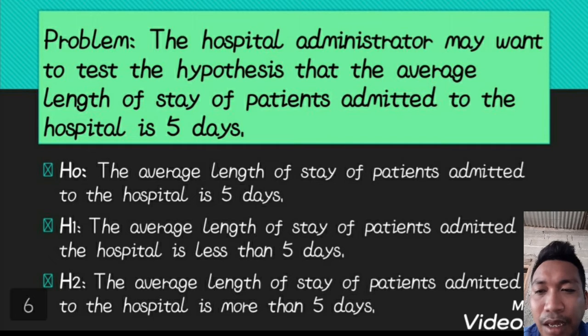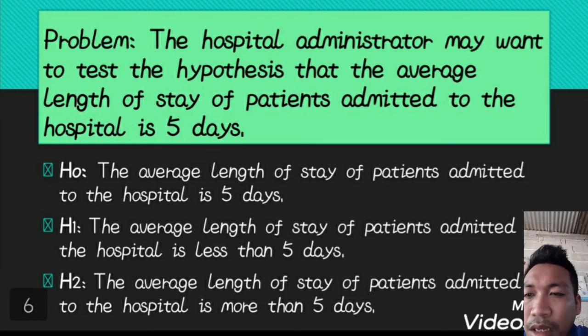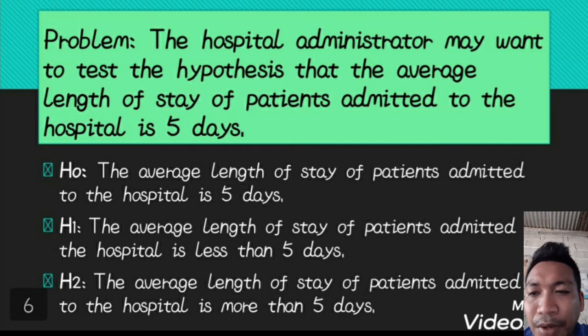H0: the average length of stay of patients admitted to the hospital is 5 days. H1: the average length of stay of patients admitted to the hospital is less than 5 days. H2: the average length of stay of patients admitted to the hospital is more than 5 days. These are the hypotheses that can be formulated out of our problem.